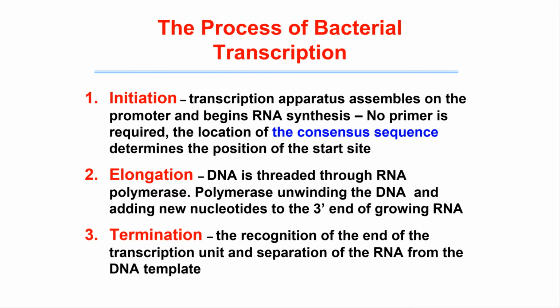Now remember, during transcription, RNA polymerase does not require primers, so no primers are needed. Once the initiation is completed, elongation takes place. During elongation, DNA is read through by RNA polymerase, which unwinds DNA and adds new nucleotides to the 3' end of the growing RNA.